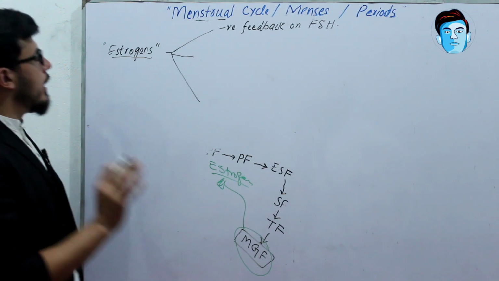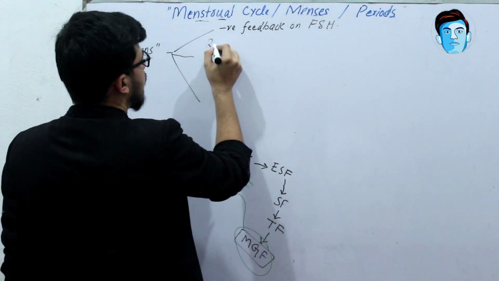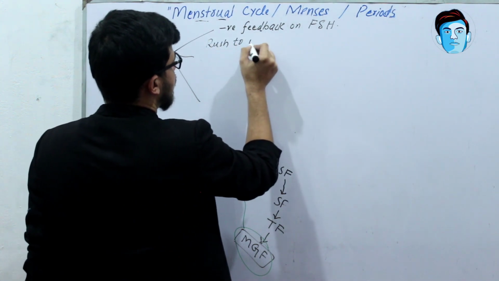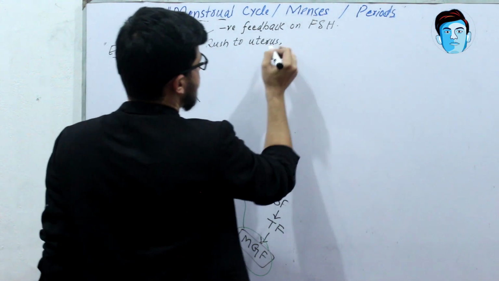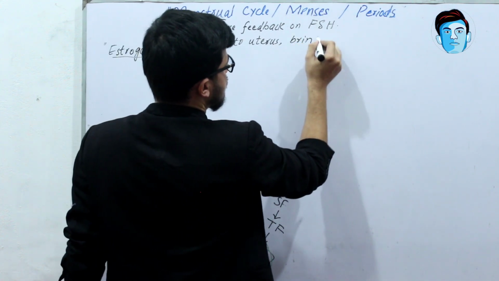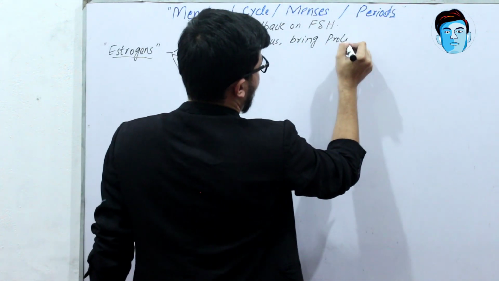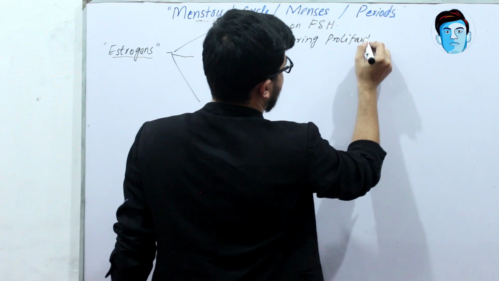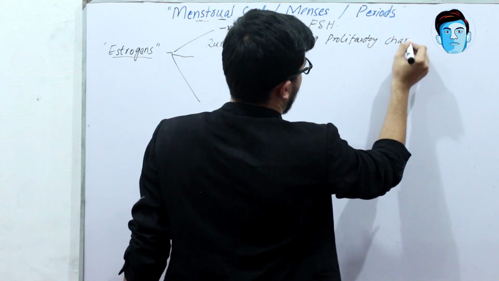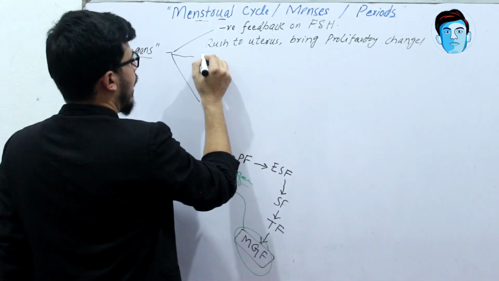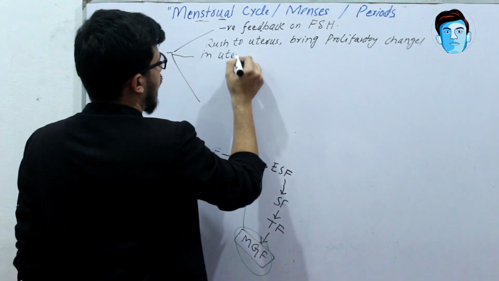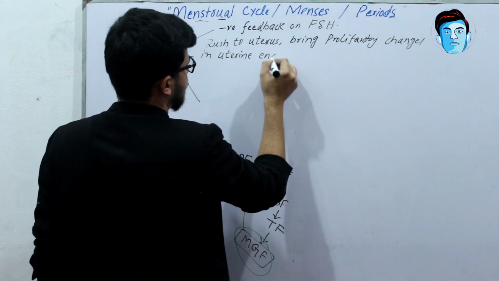Now another important function is that it rushes to the uterus and brings proliferatory changes in the uterine endometrium.